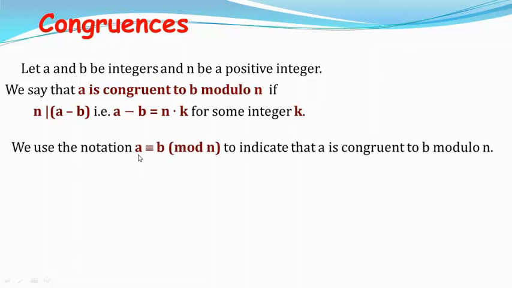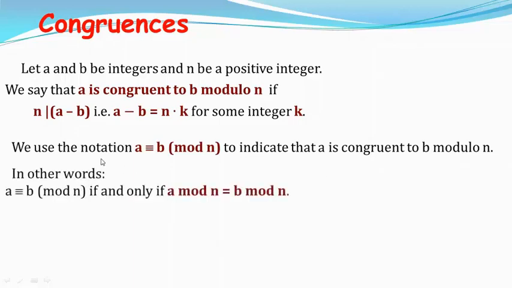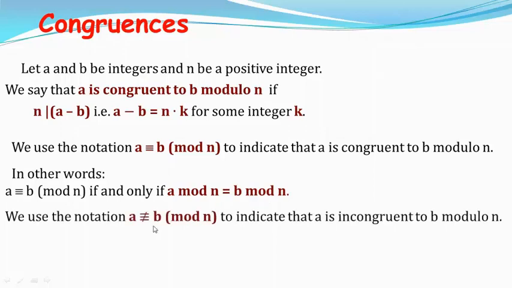We use the notation a is congruent to b modulo n to indicate this. In other words, a is congruent to b modulo n if and only if a mod n is equal to b mod n. We use the notation a is not congruent to b modulo n to indicate that a is incongruent to b modulo n.